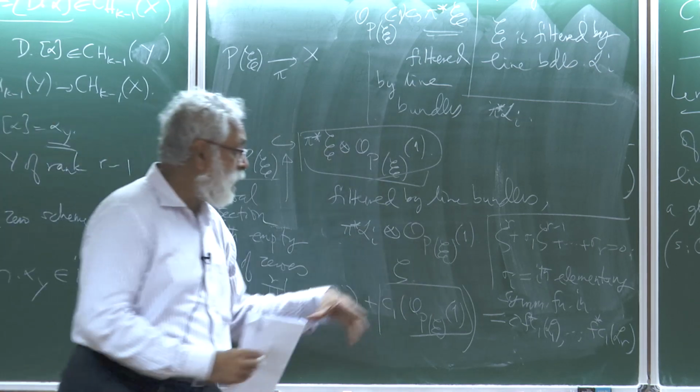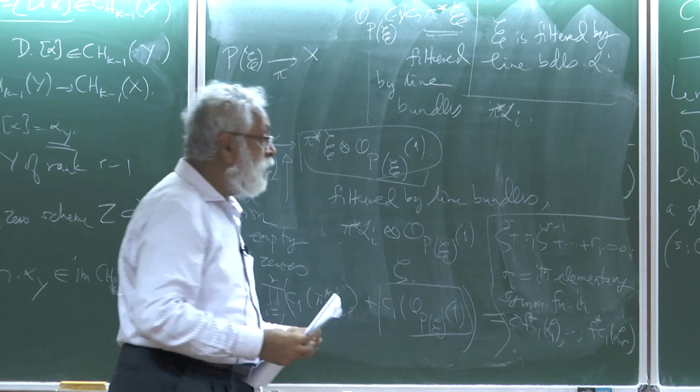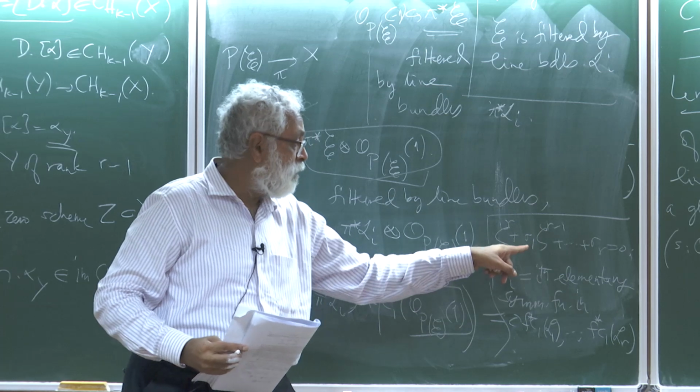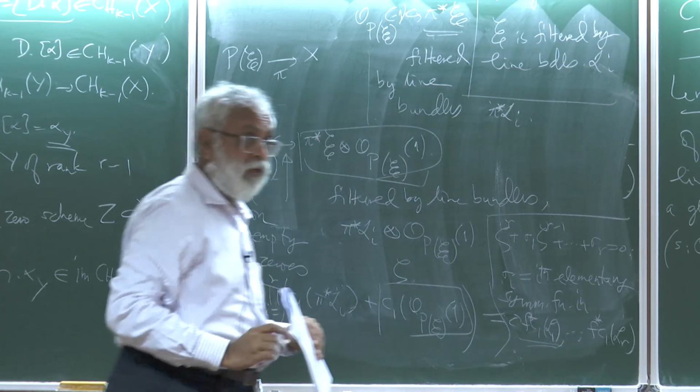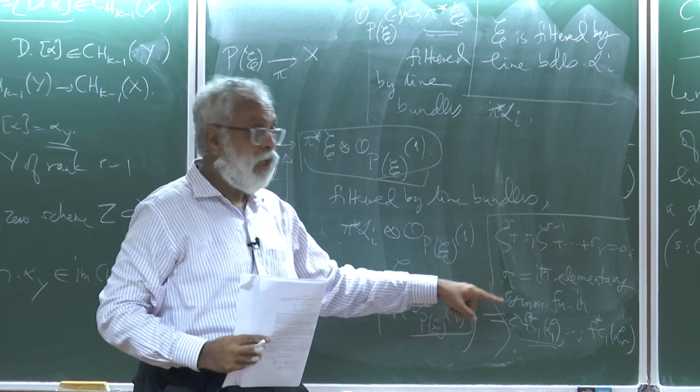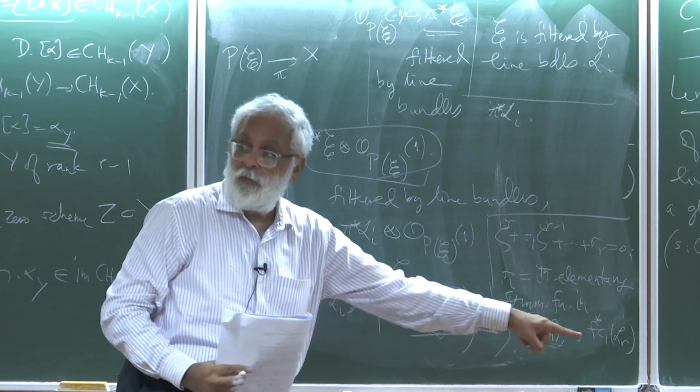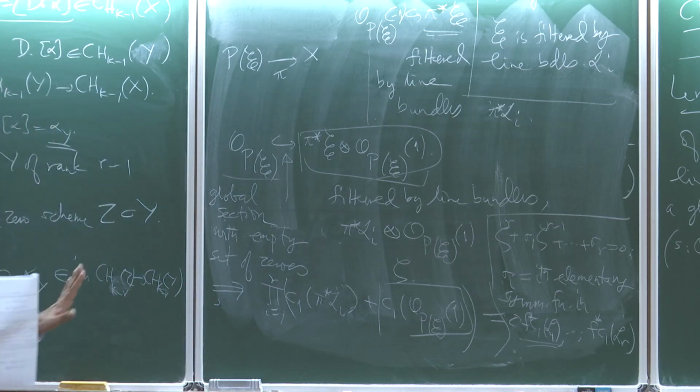I just get such a formula. This is a formula involving powers of zeta and then some sigmas, and notice that these sigmas are themselves pi upper star of something. So when I apply pi lower star, those sigmas will become the same sigmas below. That part of it is fine.